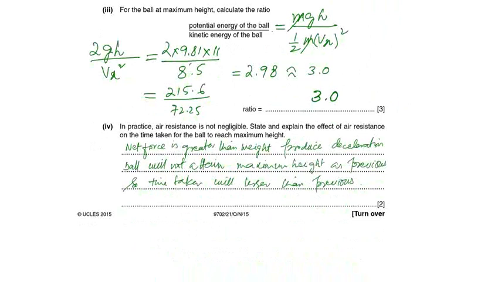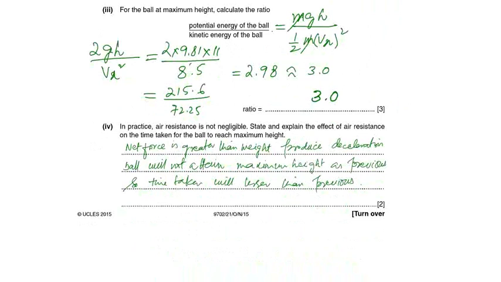So the deceleration is not the same as g, and the net force is changed. Net force is equal to weight minus the air resistance force.